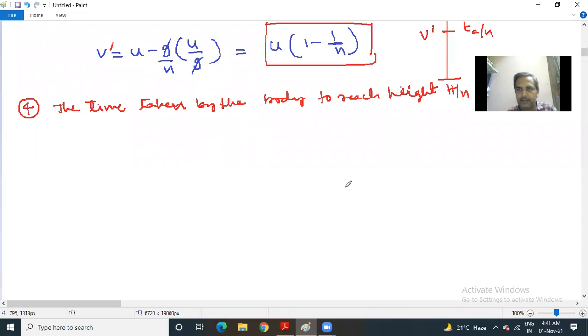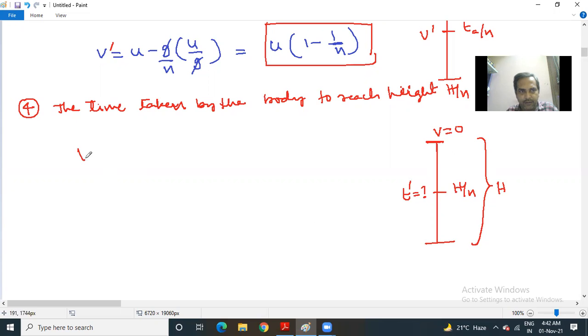So to reach the nth part of the total height, what is the time taken? Once again, take the same diagram. So this may be h by n. Maximum height is anyhow h only, where the final velocity is 0. So we require the time to reach here.